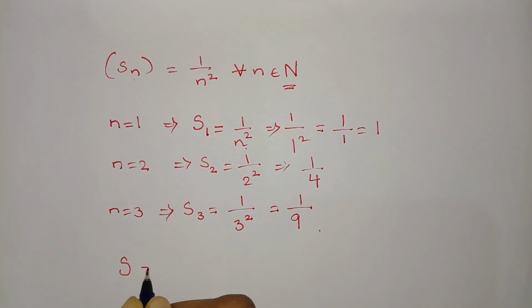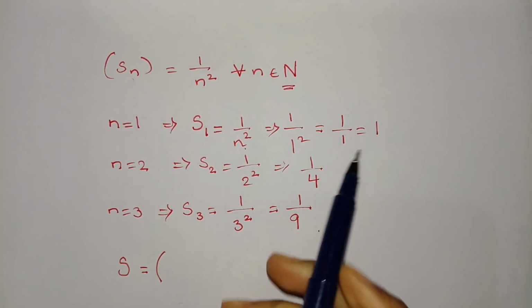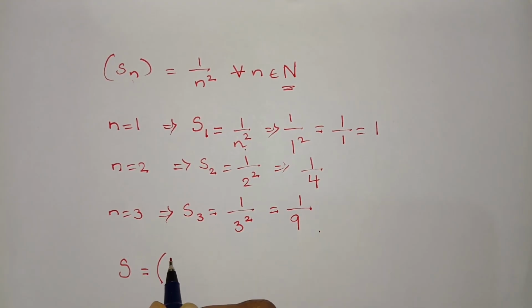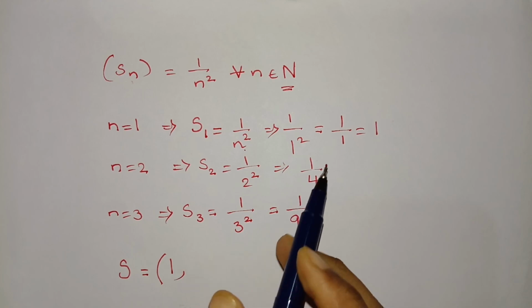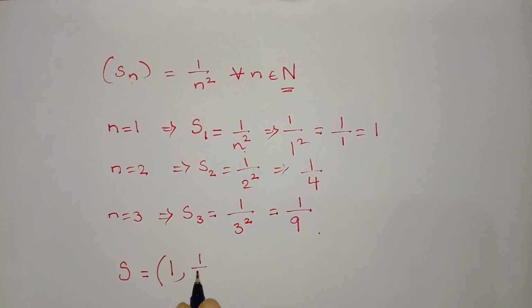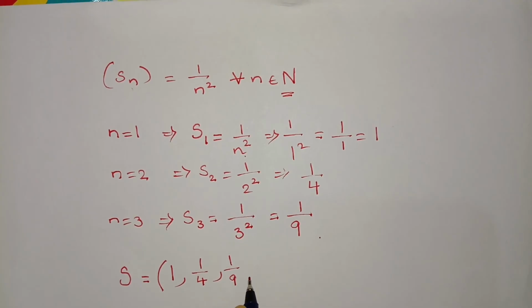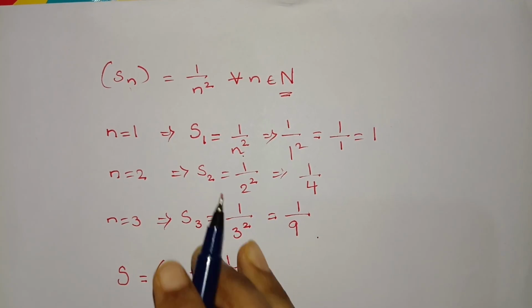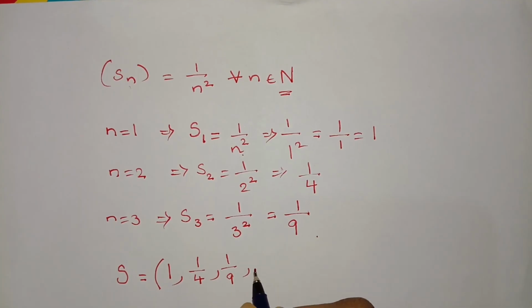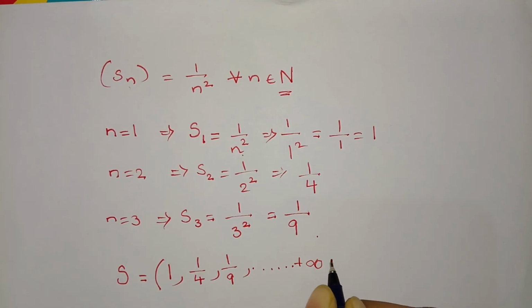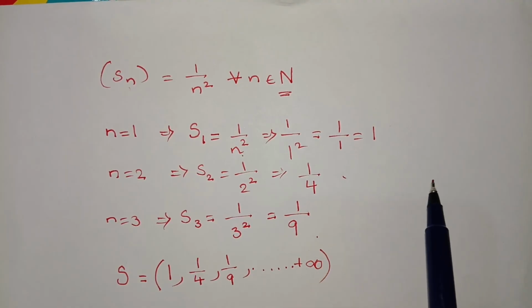Sn equal to open bracket, the first one is 1, comma, the second answer is 1 by 4, comma, and the third answer is 1 by 9. And like this we need to substitute all the natural numbers. No need of substituting all of them, we can just keep the dots, which means so on. And the last value is plus infinity, and we close the bracket like this. So like this we need to present the solution.